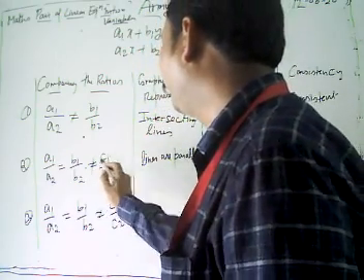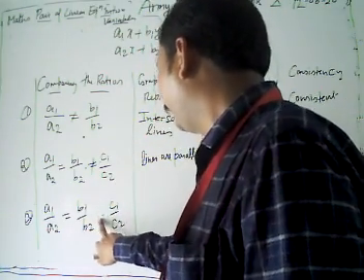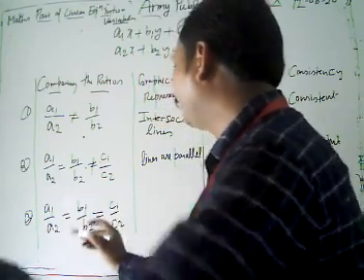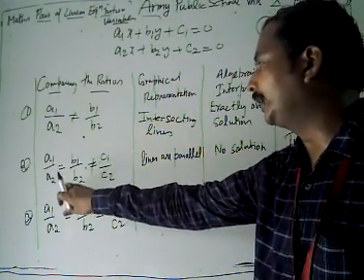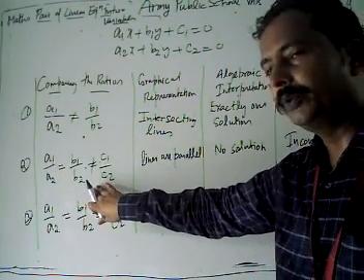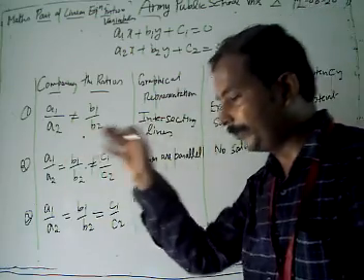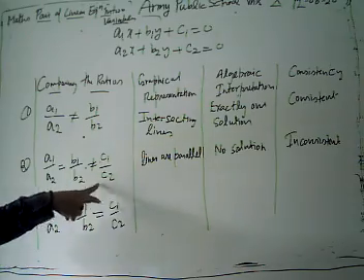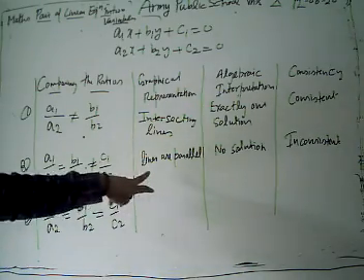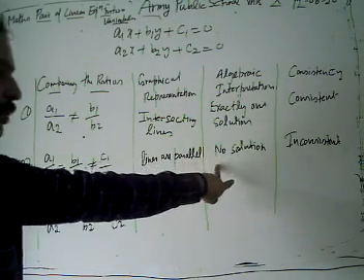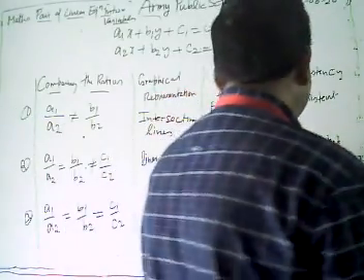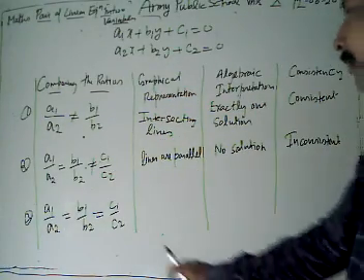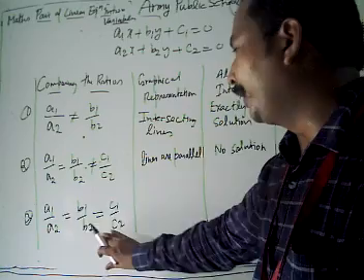My apology, I need to correct that, please revise it. It is a1 by a2 equal to b1 by b2 not equal to c1 by c2, because in parallel lines we have the same coefficients of x and y but different constants. So the lines are parallel, there is no solution, and our system is inconsistent.